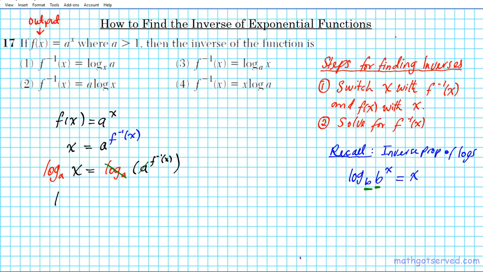So we are left with log base a of x equals f inverse of x, which is our goal. Okay, we solve for f inverse of x. So using the reflexive property of equality, we can just write this as f inverse of x equals log base a of x. The answer to question number 17 is option number 3.